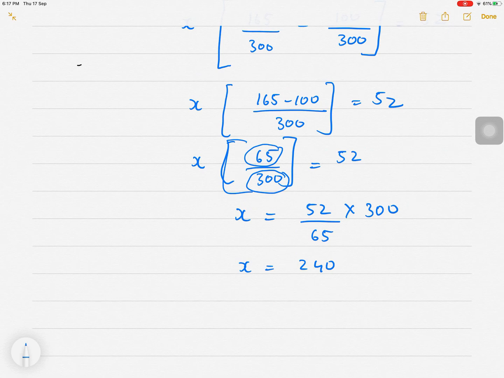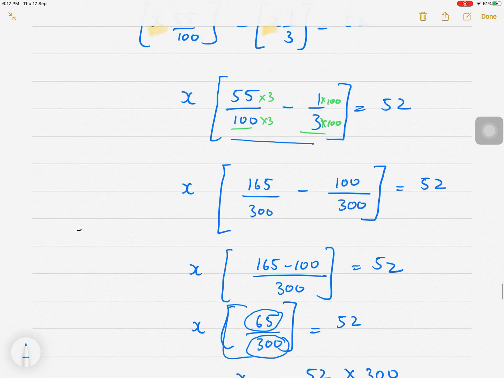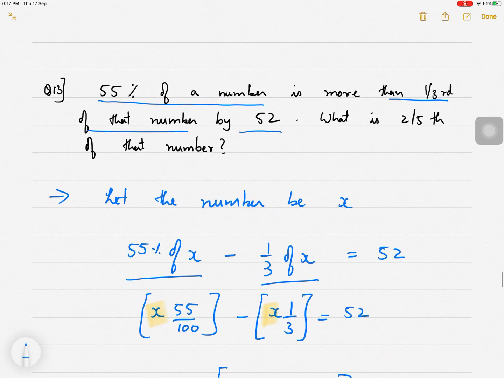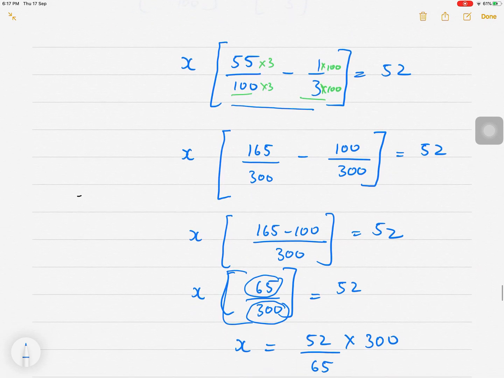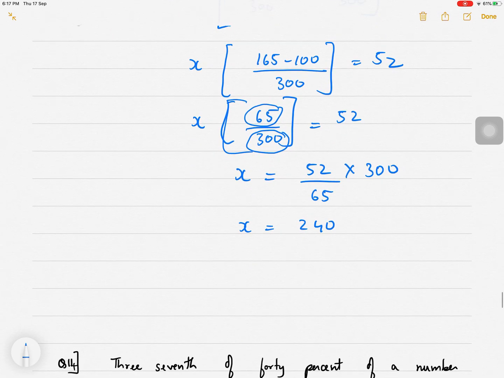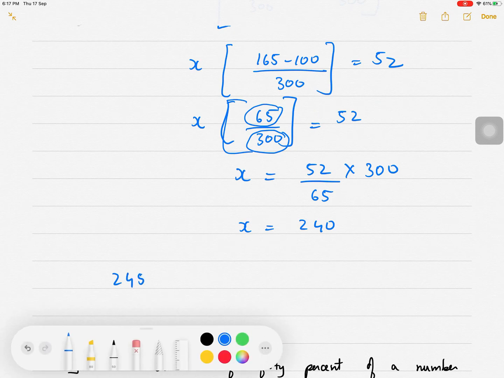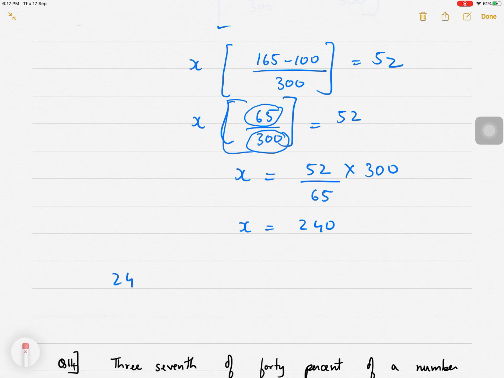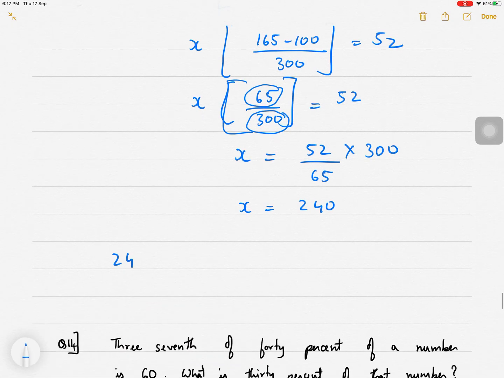Correct? You are not asked to find x. You are not asked to find the number. What is 2/5 of that number? You have to calculate 2/5 of that number. So 240 into 2 by 5.